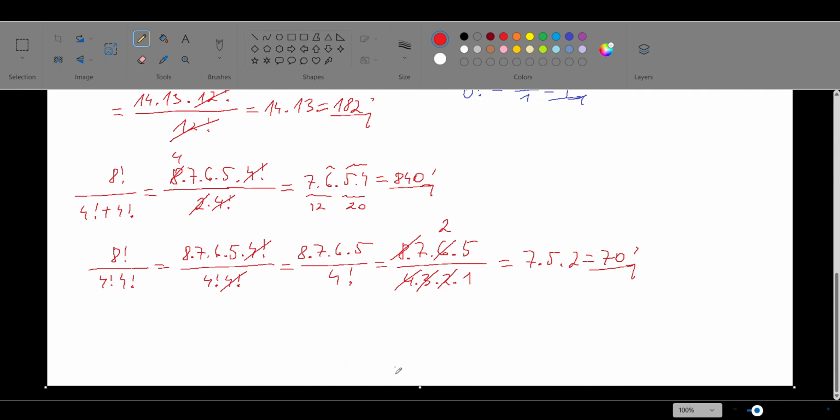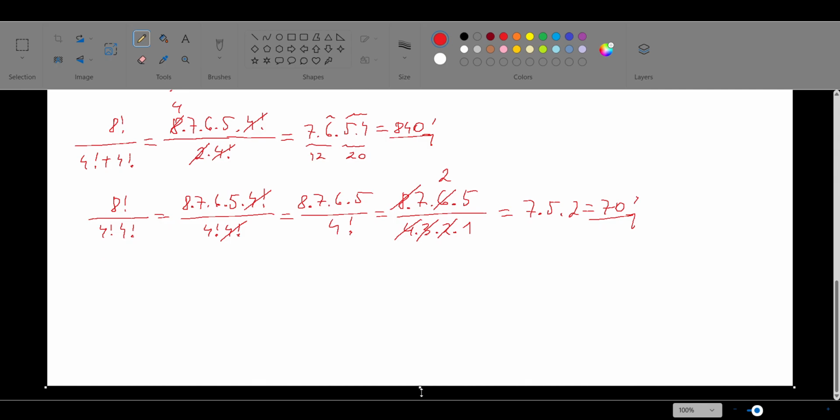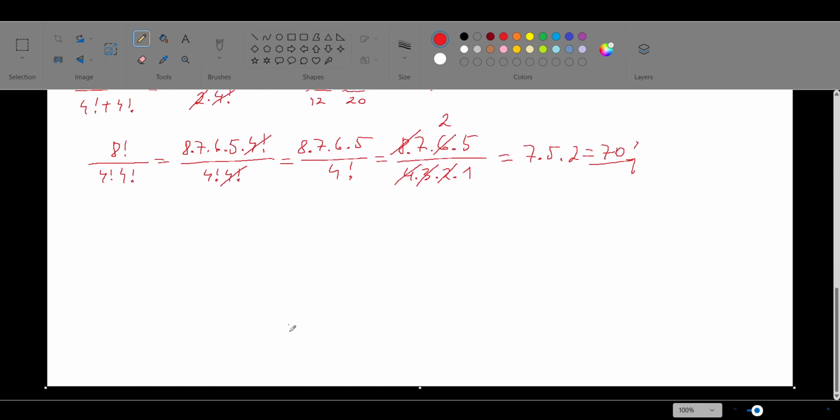Let me just show you the last example, and let's take something a little bit more complex. It's going to be something like this: 3 over 5 factorial, take away 20 over 7 factorial plus 2 over 6 factorial.